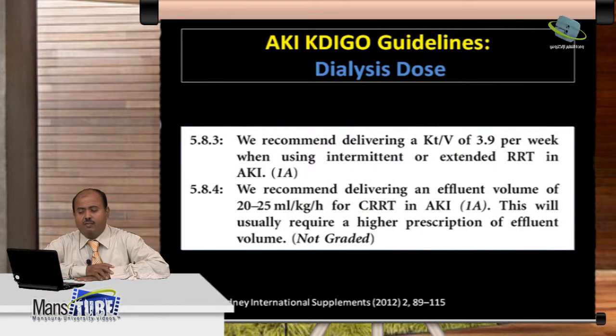They recommended delivering a Kt/V of 3.9 per week when using intermittent or extended renal replacement therapy in acute kidney injury, and this is of high evidence. And they recommended delivering an effluent volume of 20 to 25 ml per kg per hour for CRRT, and this will usually require a higher prescription of effluent volume.